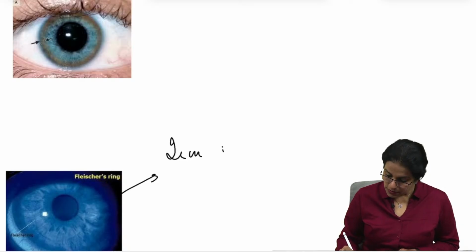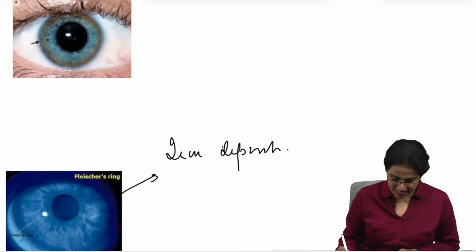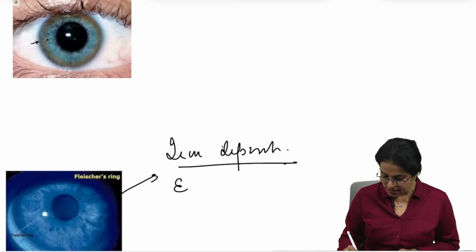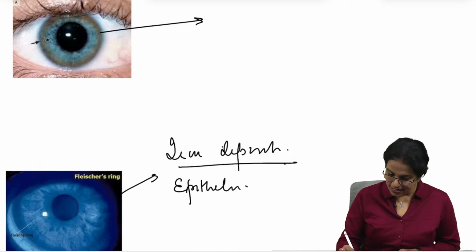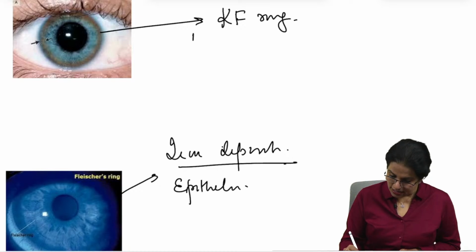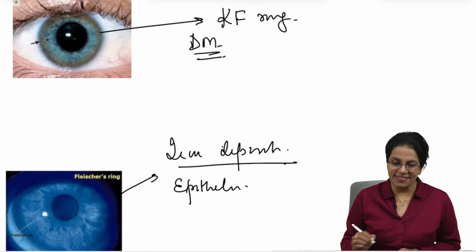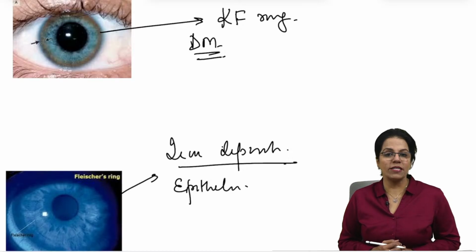Okay. So, when you say iron deposition, the next question is which layer? You will say epithelium. Yes, the first one, this is your Fleischer's ring, and the second is the Kayser-Fleischer ring, which is on the Descemet's membrane, right? So, we will remember all this.